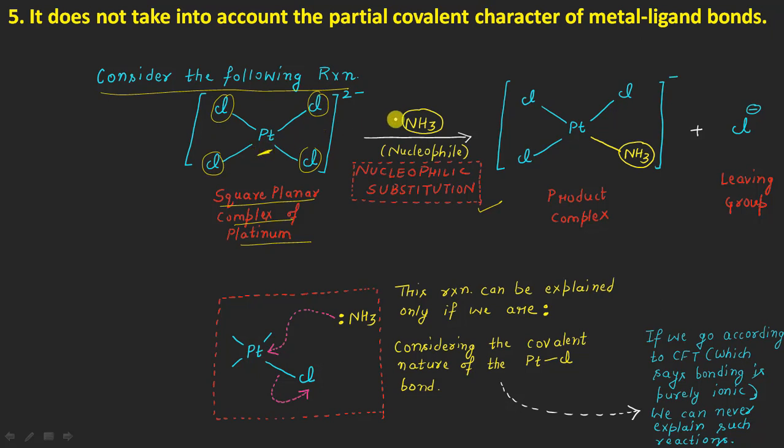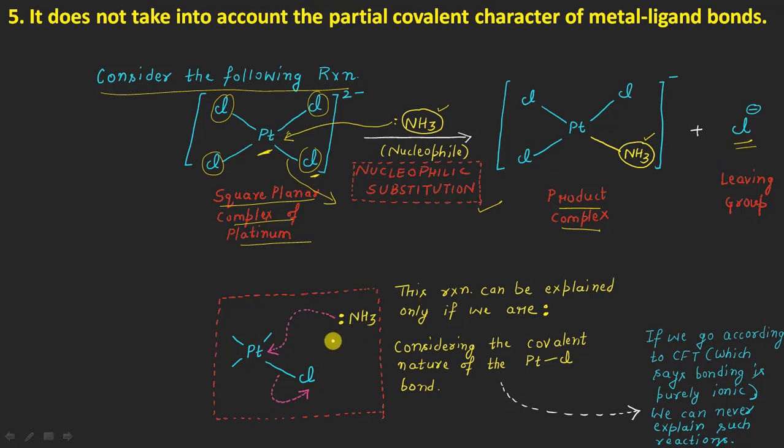And now on this side there is a molecule of ammonia, which is the nucleophile, and this nucleophile will attack the platinum, sending the chloro out of this system, such that we have this type of product as the complex, in which the Cl has been replaced by the ammonia, plus the leaving group, that is the Cl negative, present like this here, right?